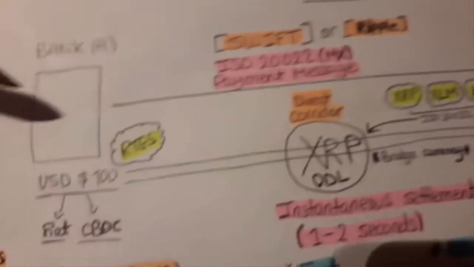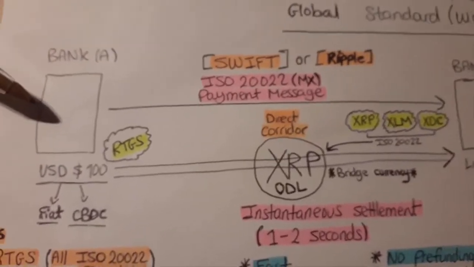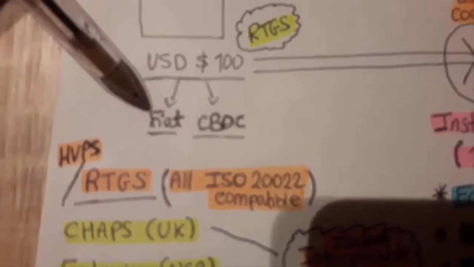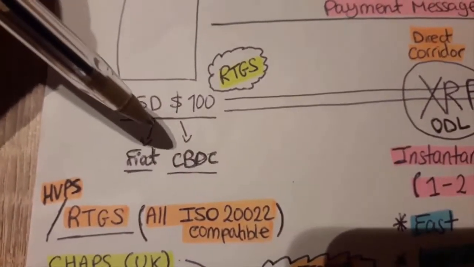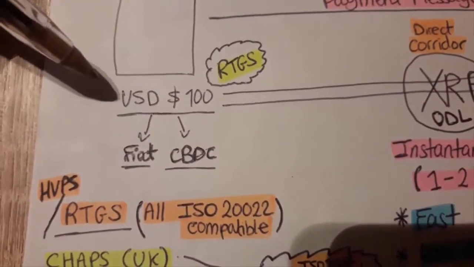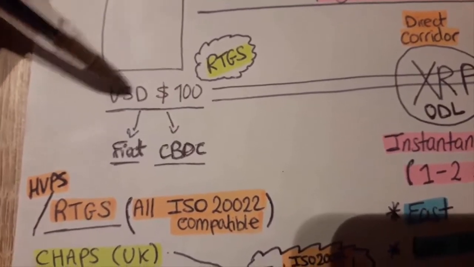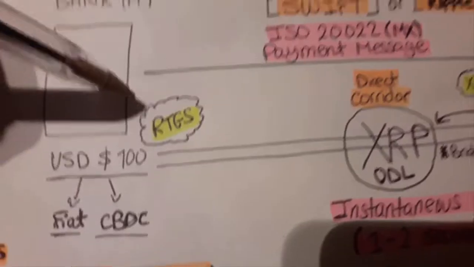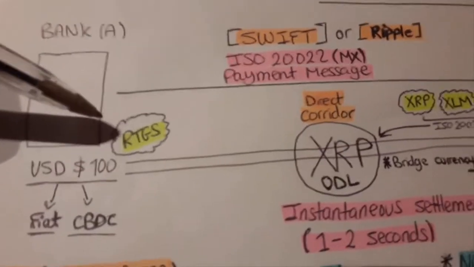So imagine a bank A in America, for example, and that bank has either fiat currency and a CBDC or CBDCs, and they want to send $100 worth of either one, and their RTGS system in America is, just say, FedWire.